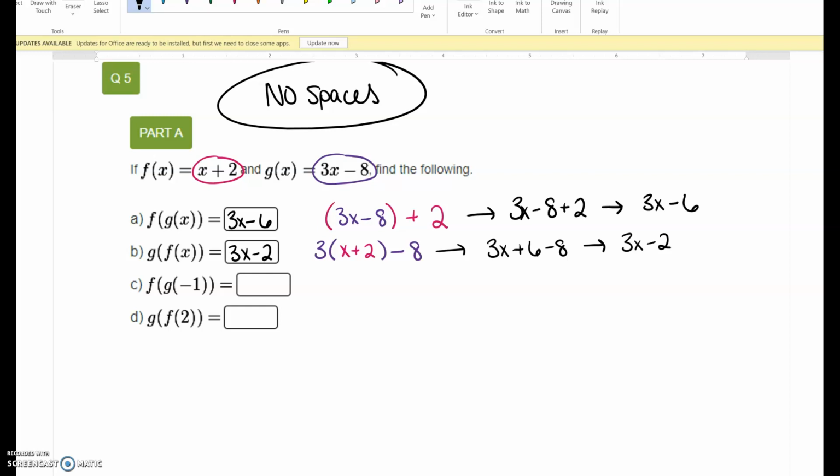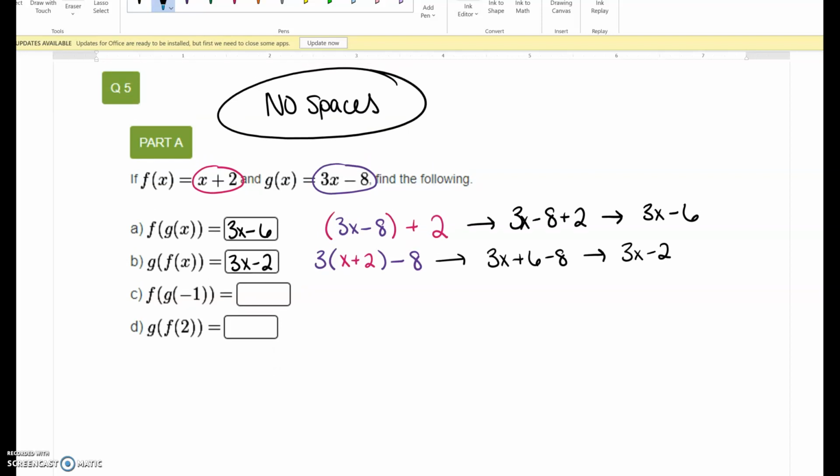Part C, there are two ways to do this. In part C, you could say f of g of x, I did that in part A, so I can use this and just plug that -1 in there. So 3 times -1 is -3. -3 minus 6 is -9.